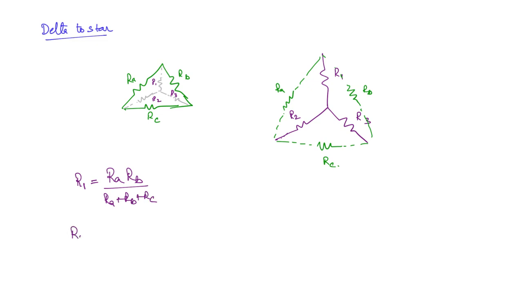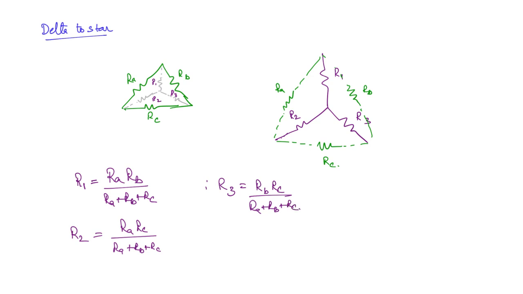Similarly, you can try writing for R2. The R2 is connected between what? RA and RC. So RA into RC divided by the same sum. Denominator is going to be same. In the previous case, the numerator was same. And what about R3? This is going to be RB RC divided by RA plus RB plus RC.